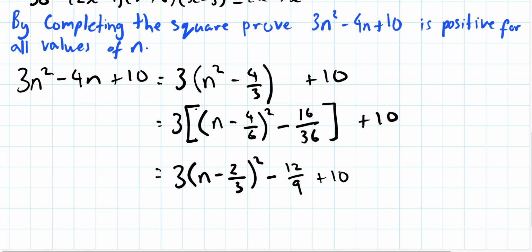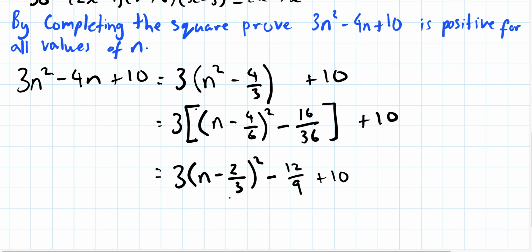Okay, so what I did there was I cancelled this down, 16 over 36 to get 4 over 9. So divide both by 4 is 4 over 9, and then multiply it by the 3 to get 12 over 9.